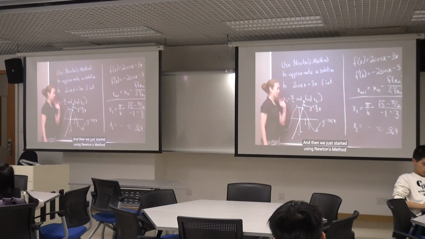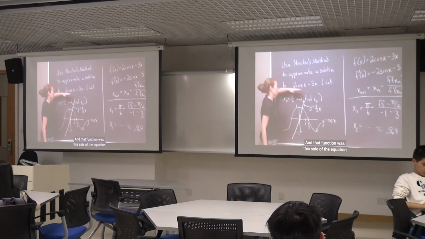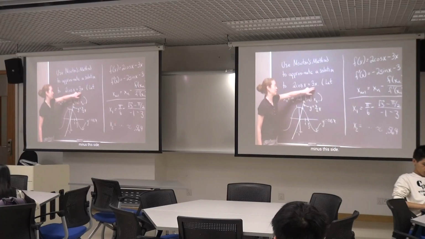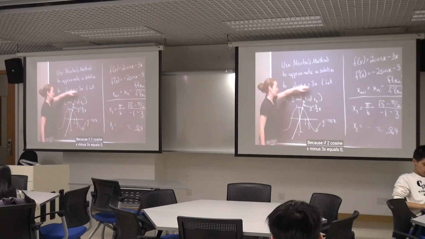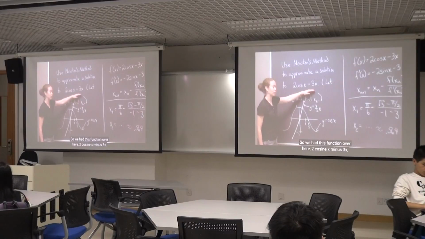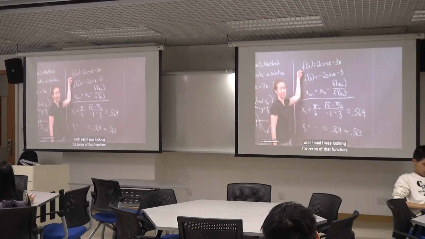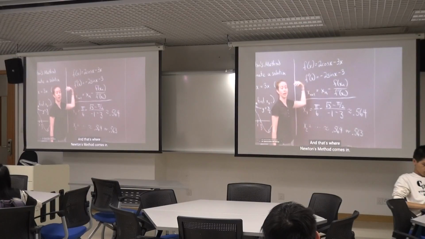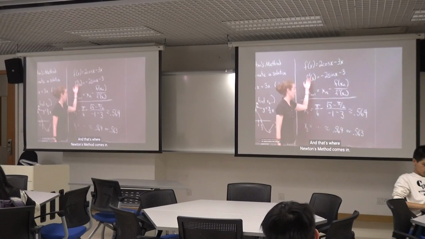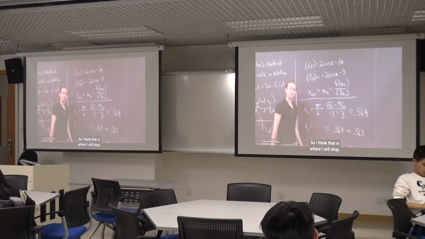And then we just started using Newton's method on a particular function. And that function was this side of the equation minus this side. Because if 2 cosine x minus 3x equals 0, then 2 cosine x equals 3x. So we had this function over here, 2 cosine x minus 3x, and I said I was looking for zeros of that function, and that's where Newton's method comes in. So I think that is where I was stopping.